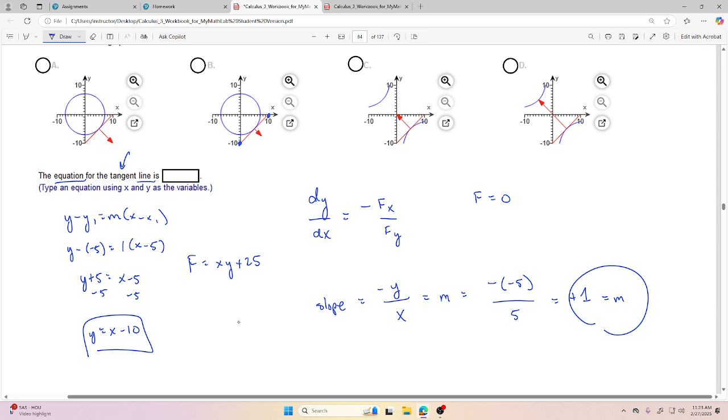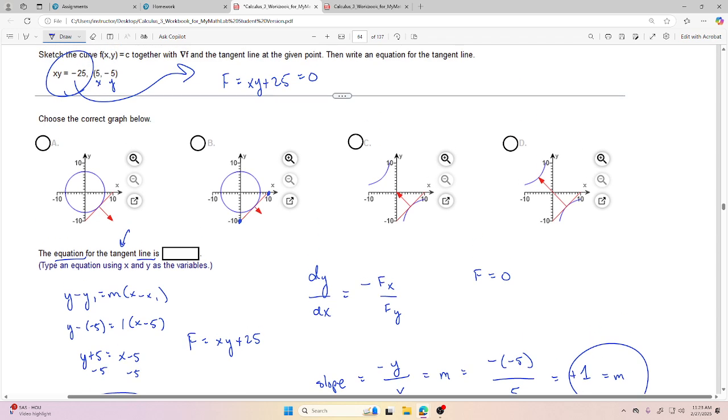So now which one are we talking about? Really, we need to go back to the original function. Is this a circle? Not at all. That's not a circle, so these guys are out. It's a rotated hyperbola, by the way. It's one of these guys.